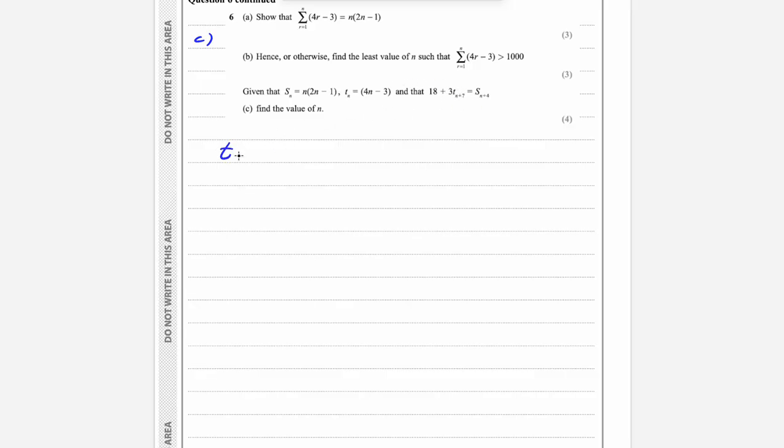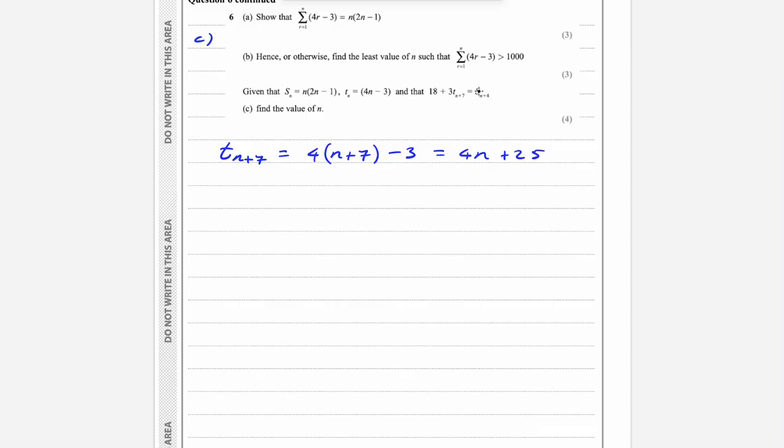I have T of n plus 7. That equals, I just sub in n plus 7 for n. So it's 4 times n plus 7 instead of 4n minus 3. And that equals 4n plus 28 minus 3, which is 4n plus 25.